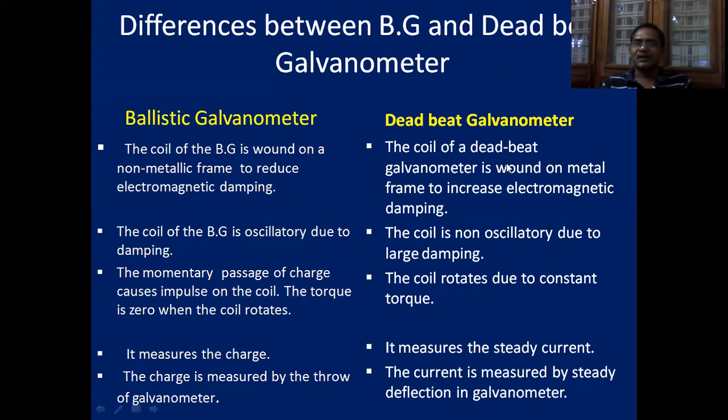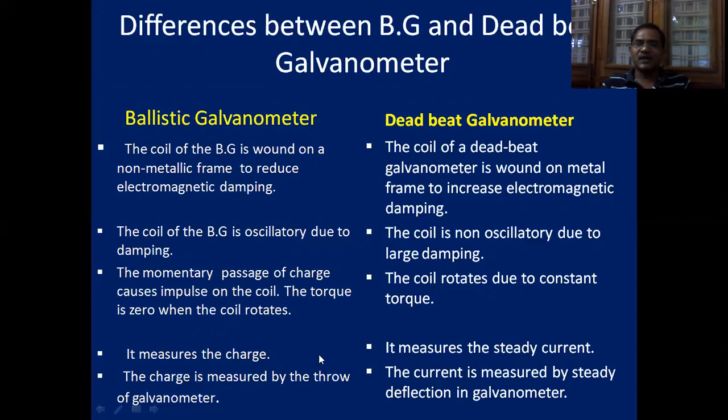But here, the coil is wound on a metal frame to increase the electromagnetic damping. In ballistic galvanometer, the coil is oscillatory due to the damping. Here it is non-oscillatory due to the larger damping. In the ballistic galvanometer, the momentary passage of charge causes impulse on the coil. Therefore, the torque is zero when the coil rotates. Here the coil rotates due to the constant torque. This is the main difference.